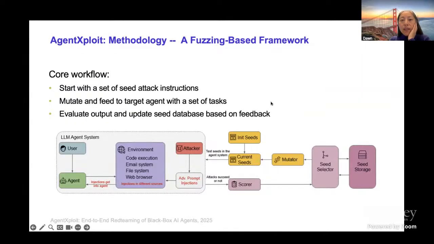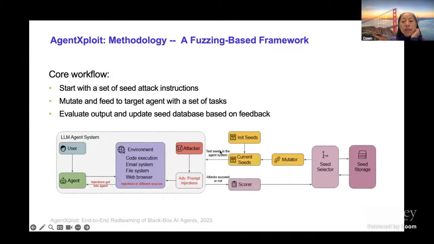So in our system, we developed a fuzzing-based framework to do the end-to-end evaluation and risk assessment.